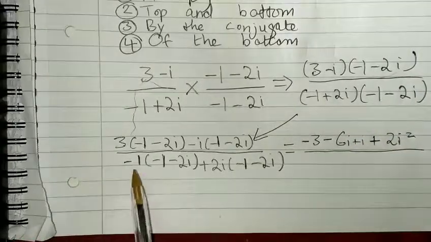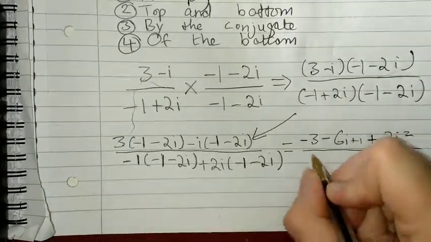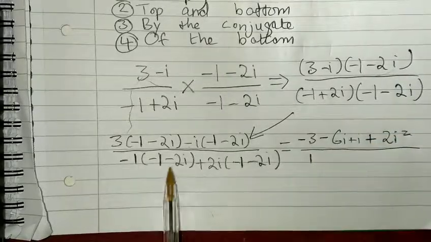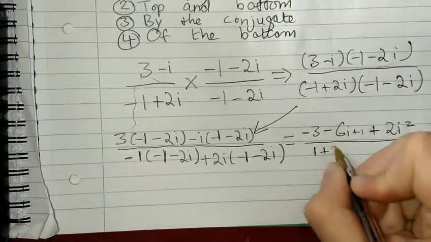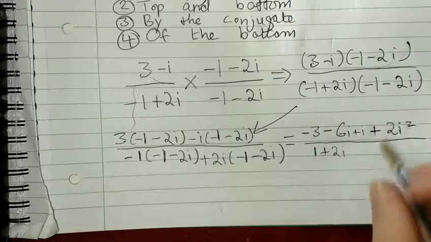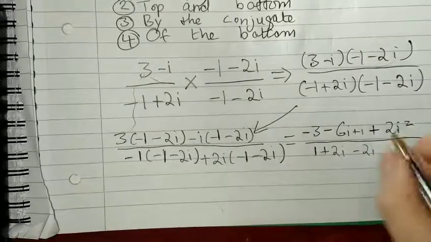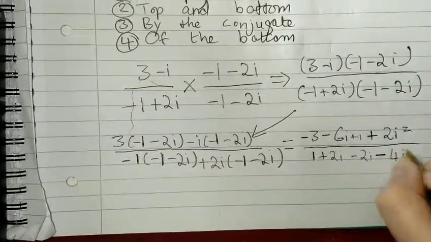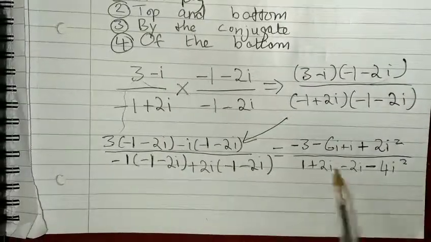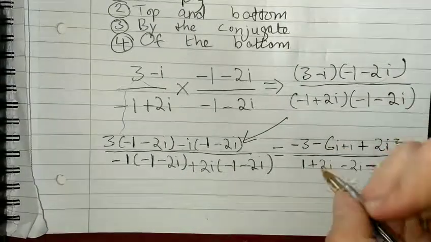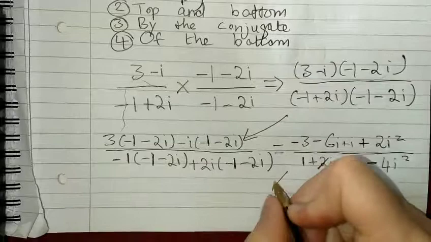On the bottom, minus 1 by minus 1 gives us 1, minus 1 by minus 2i gives us plus 2i, then plus 2i by minus 1 gives minus 2i, and then we get minus 4i squared. We have a plus 2i and a minus 2i, so they'll just go to 0.